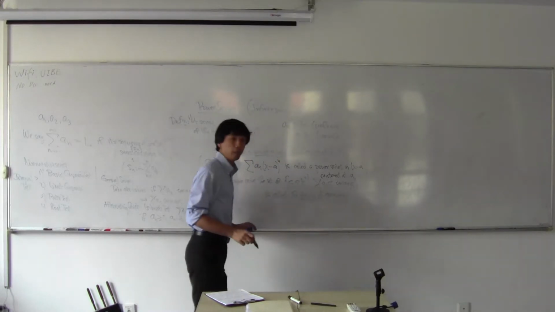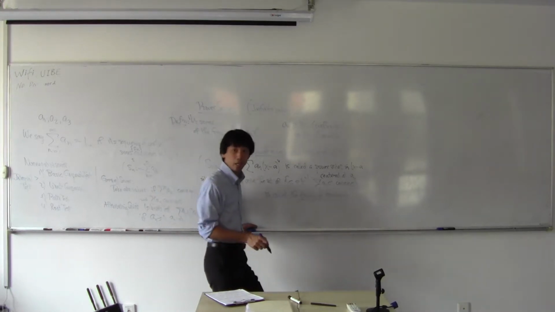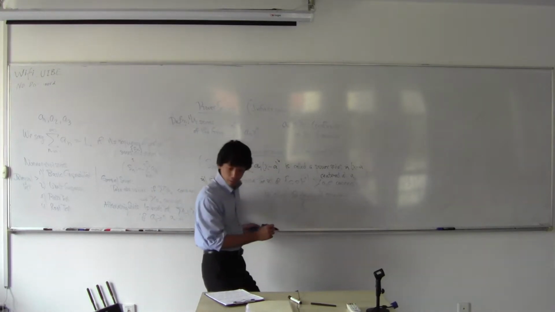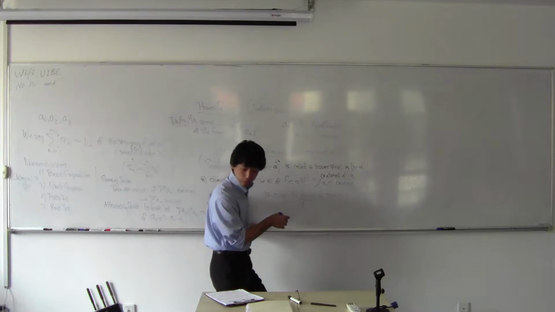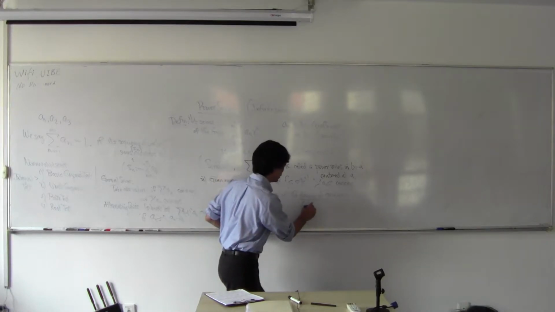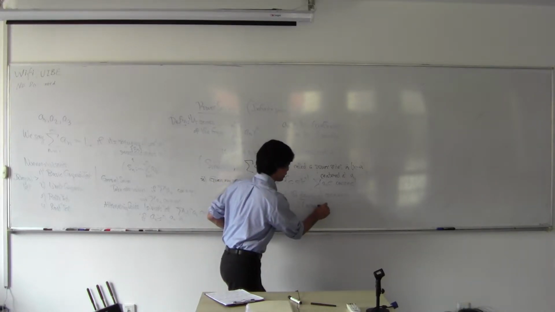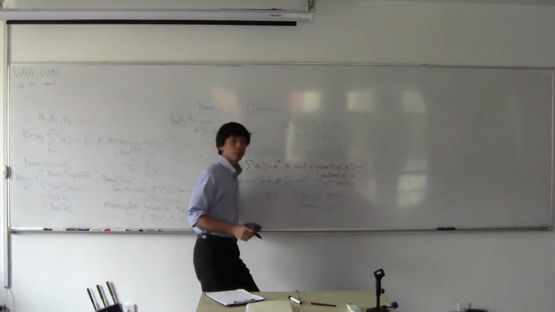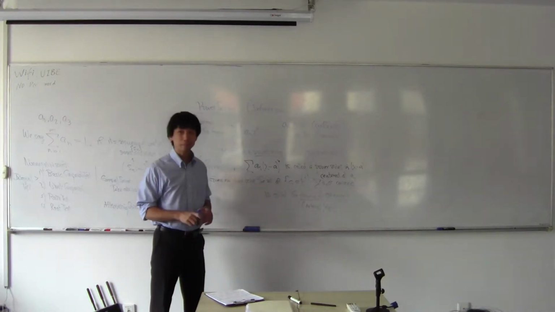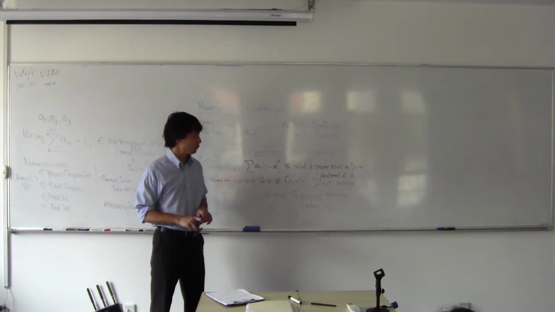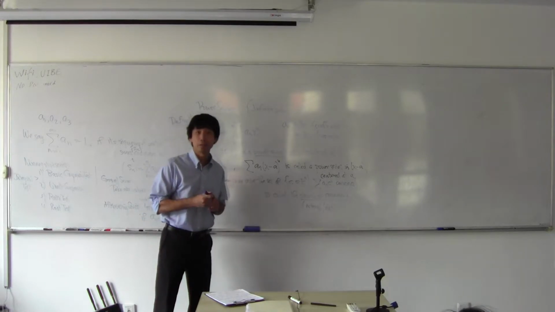Later on we're going to call it the disk of convergence, or the interval of convergence, but right now we're just going to call it the domain of convergence.